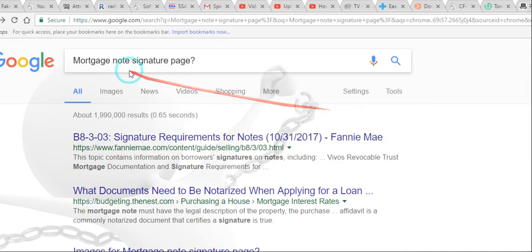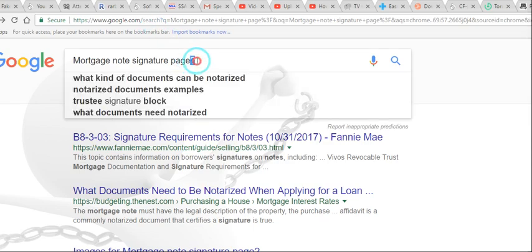See, I asked for mortgage note signature page. That's all what documents need to be notarized when applying for a loan. I don't care about that. Whose signature should be on the promissory note for a mortgage? Okay, I just asked for the signature page, just a sample.